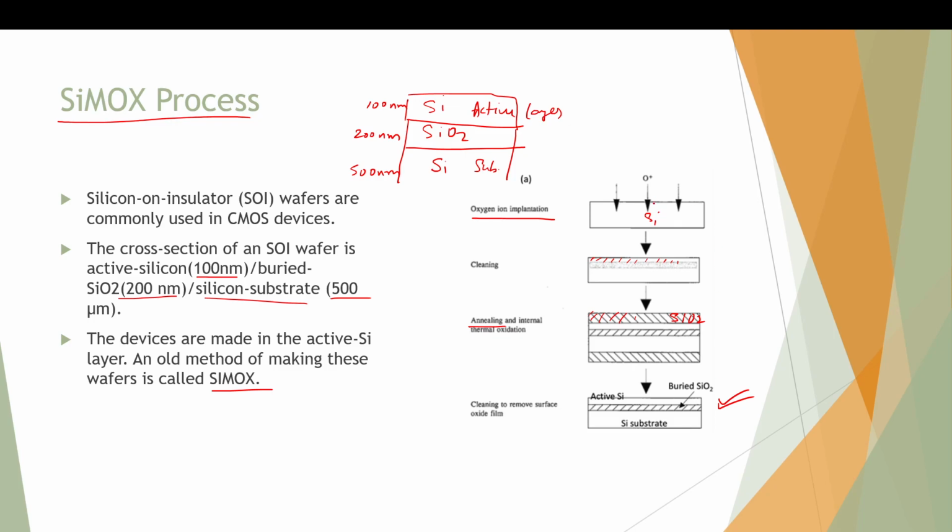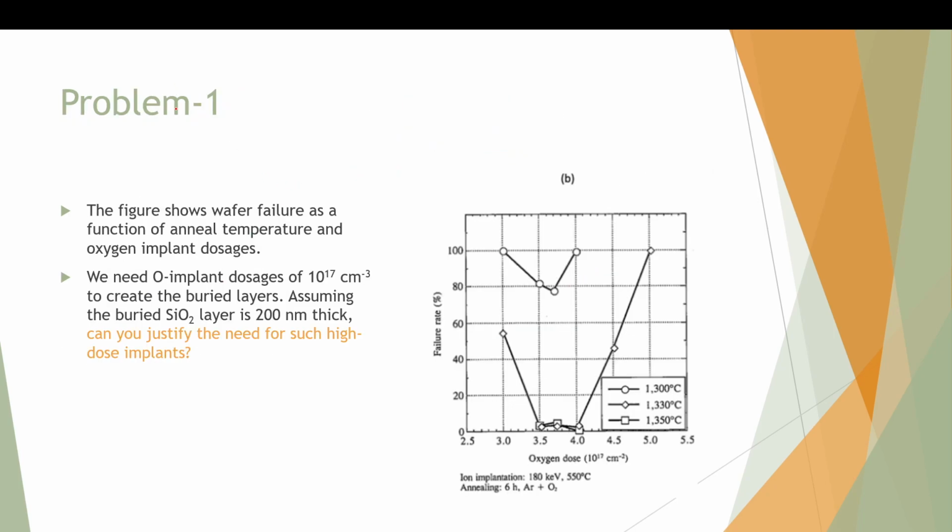So what all things can go wrong here? So the first problem is asking the following. The figure shows wafer failure as a function of anneal temperature and oxygen implant dosages. So first of all, what do we mean by wafer failure? When do we say that we have not got the required wafer?